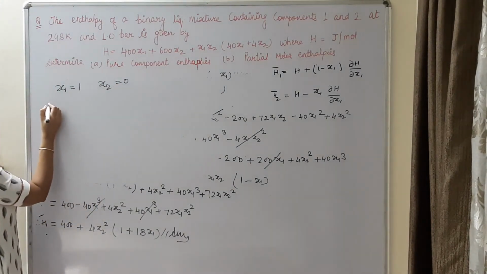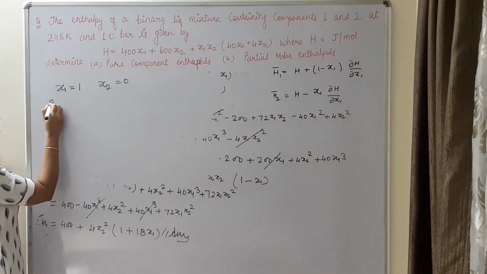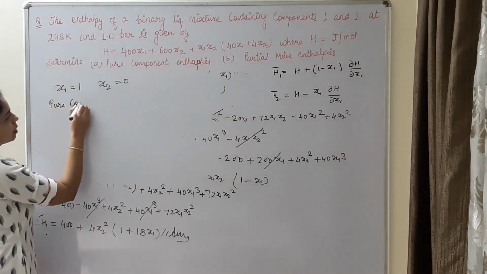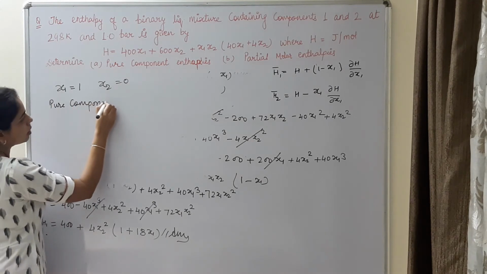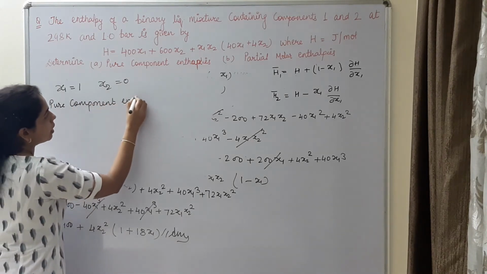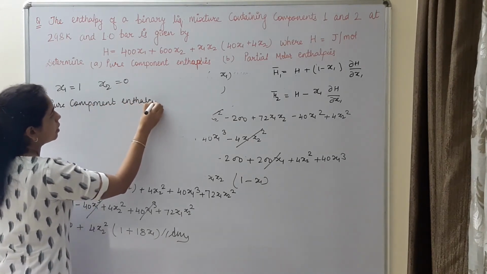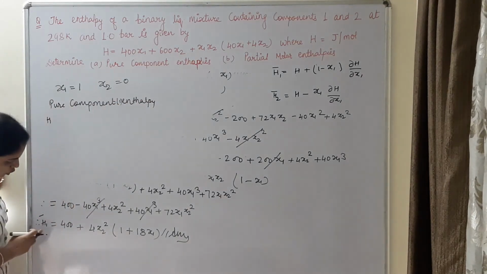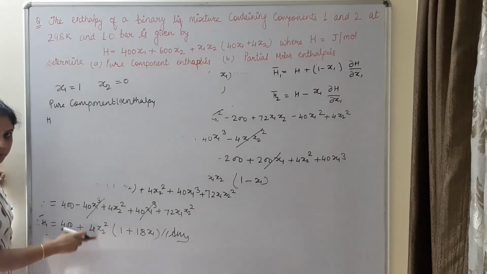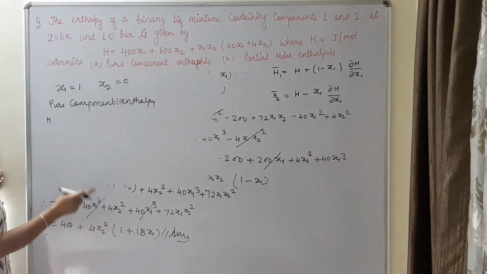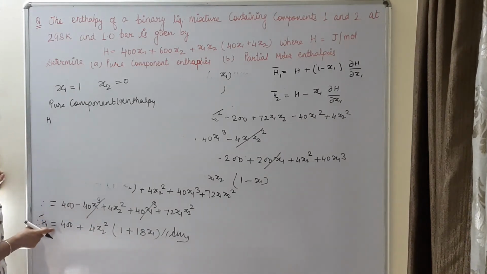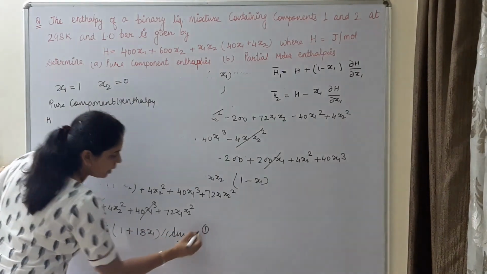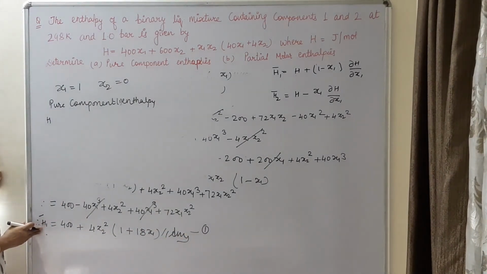So to find out the pure component 1 enthalpy, we just substitute x1 equals 1 and x2 equals 0 into this equation. Let's take this as equation number 1. So into equation number 1.